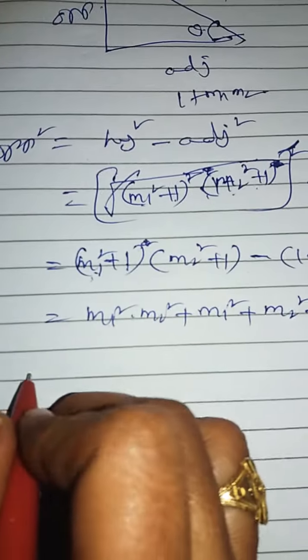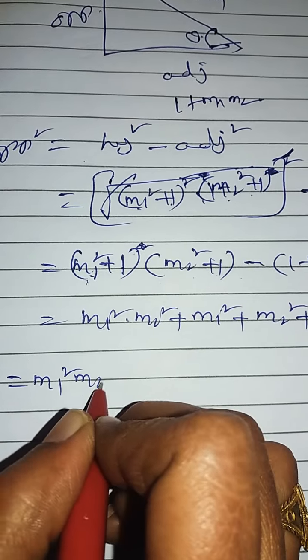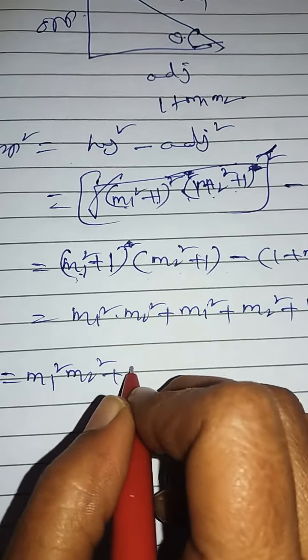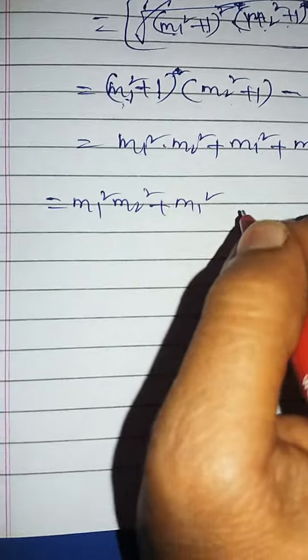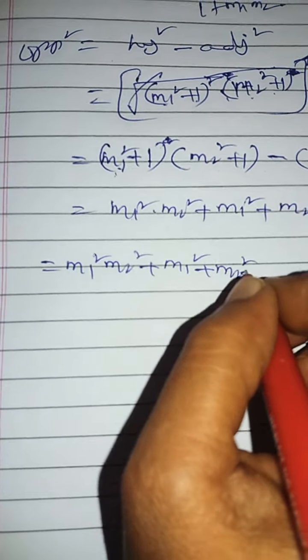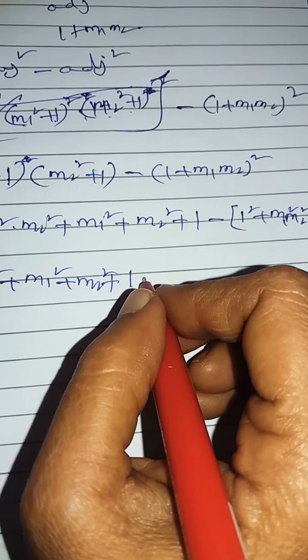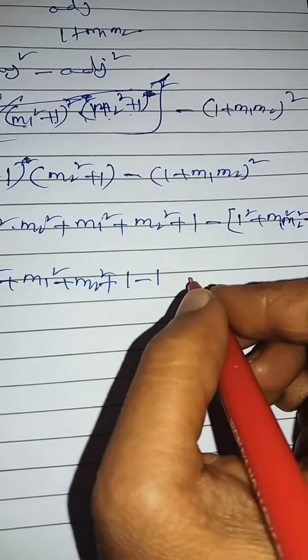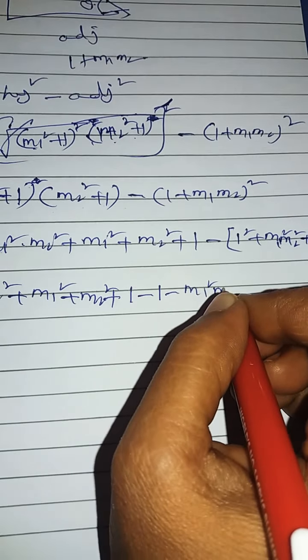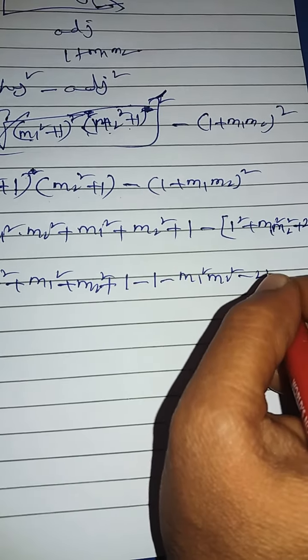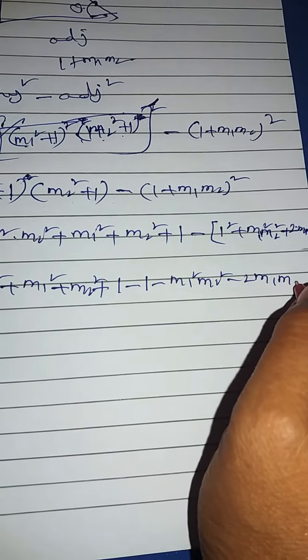Now open bracket, we will get here m1 square m2 square plus m1 square plus m2 square plus 1 with minus open bracket, minus 1 minus m1 square m2 square minus 2 m1 m2.